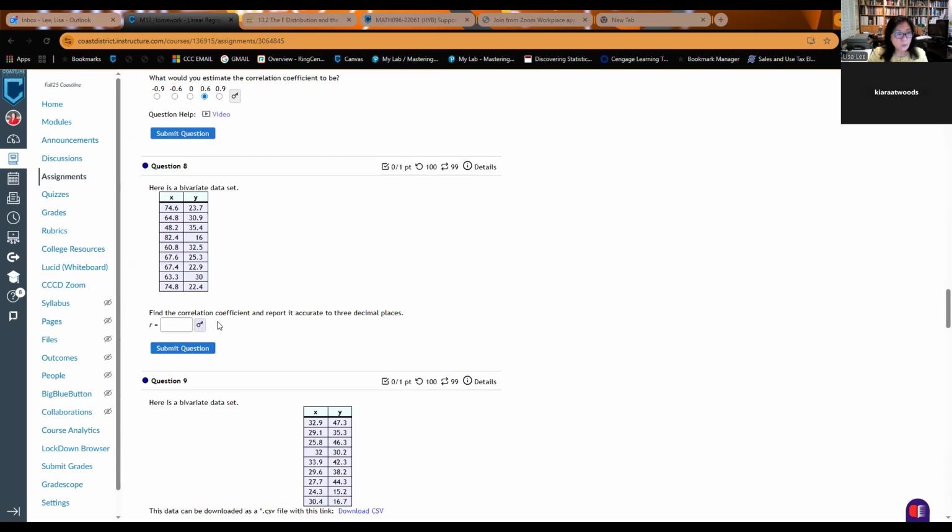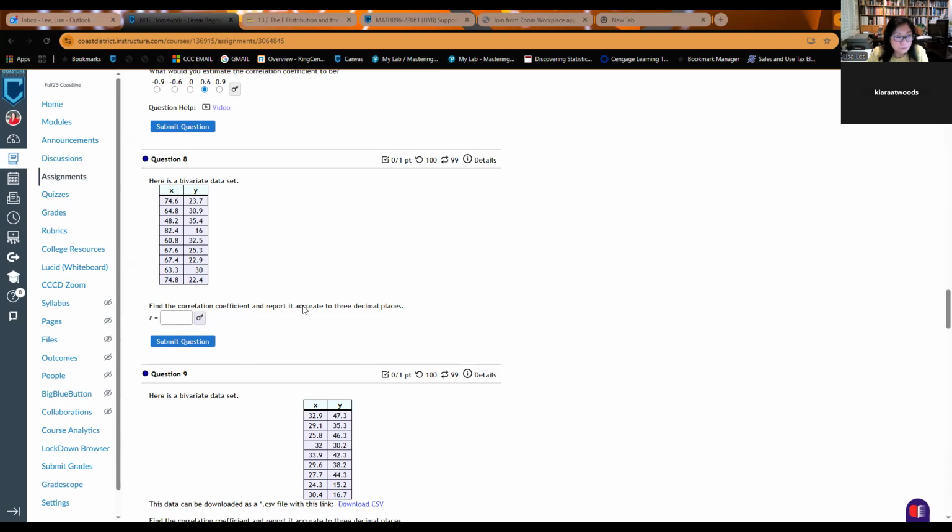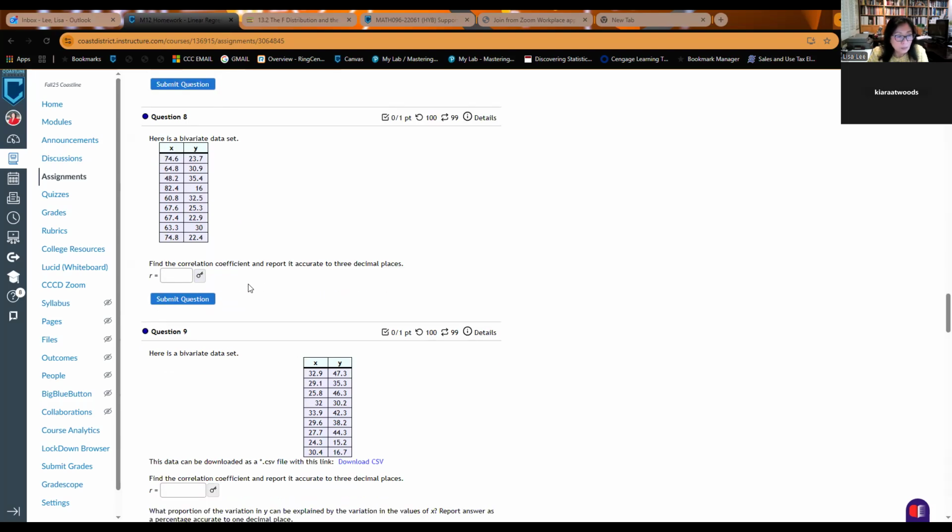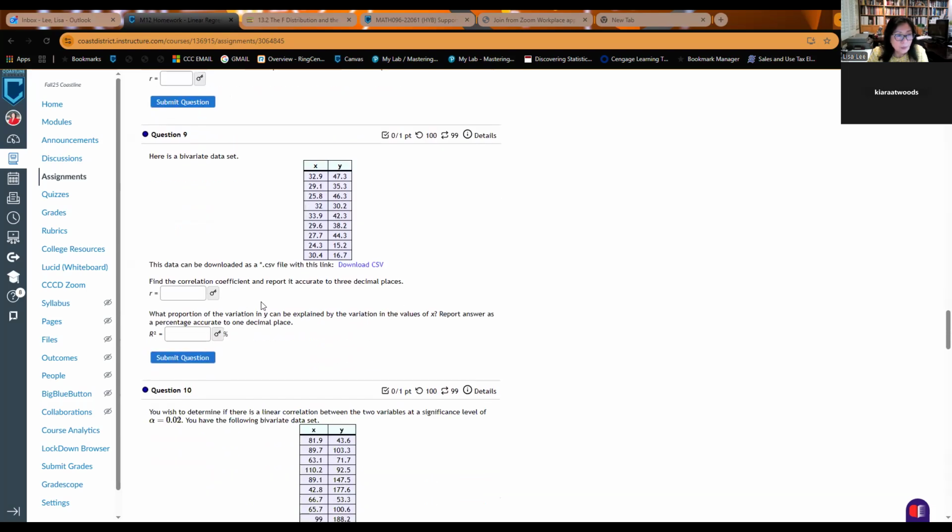It just asks you to find the correlation coefficient. So you can use the method I showed you earlier and just answer about the R. And number 9 looks like the same thing again, but they have one additional question here: R square. Remember, R square is the coefficient of determination.